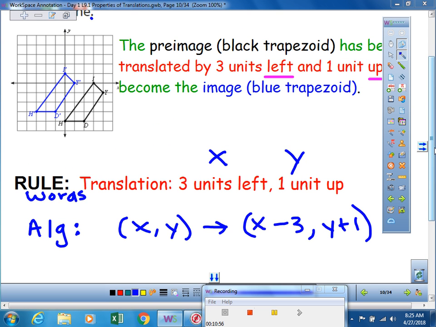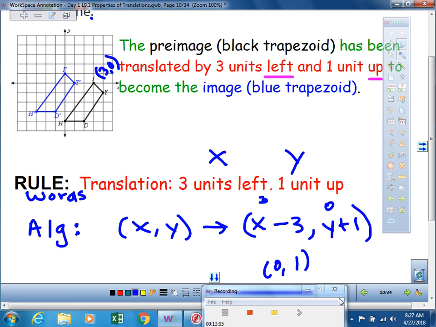This ordered pair on I is what? 3, 0. Do you agree? Okay. If I subtract 3 from 3, so if this is 3, 0, 3 minus 3 is what? 0. And what's 0 plus 1?